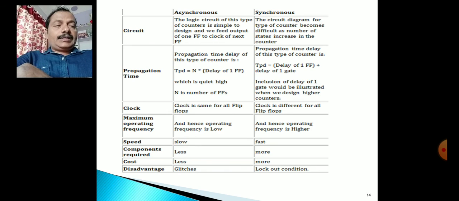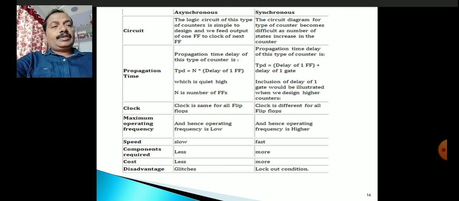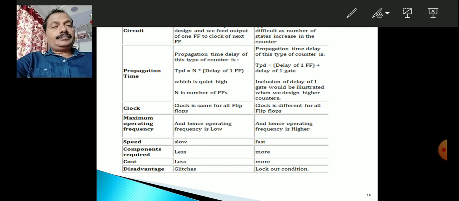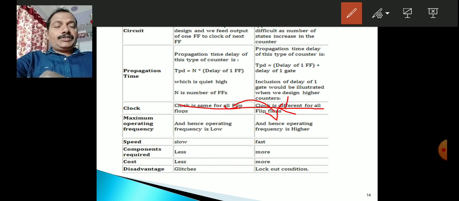But in synchronous, the clock is the same for all the flip-flops. Next, maximum operating frequency is low for asynchronous and high for synchronous.